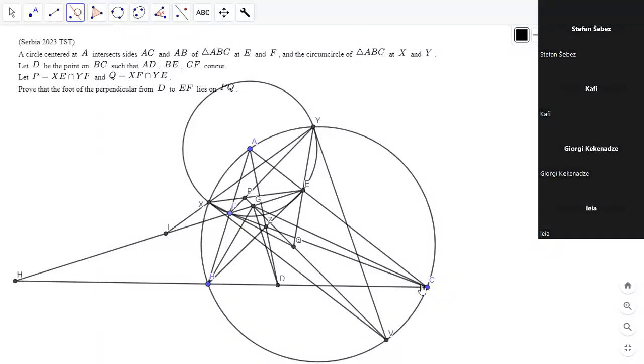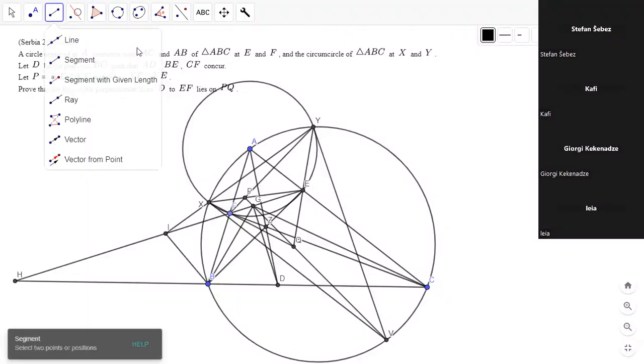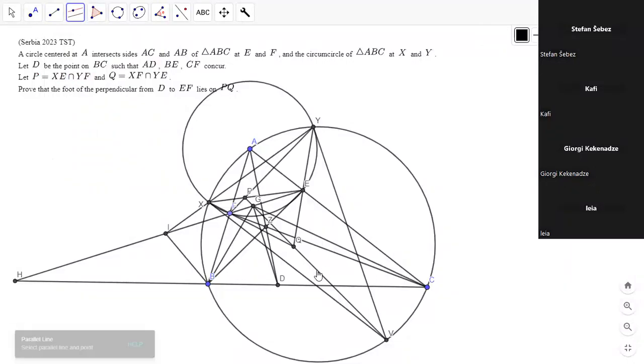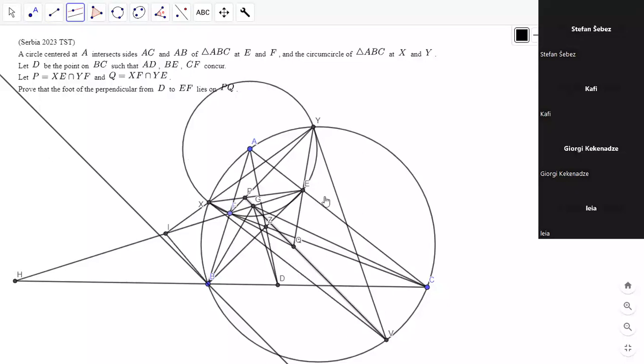Yes. So we have to show BI is parallel to... We have to show BI is parallel to what? To this? SC maybe. Okay, it's not parallel to that.